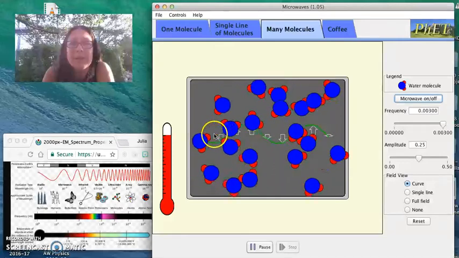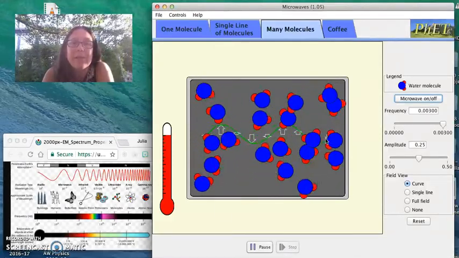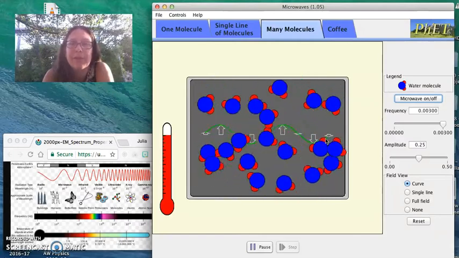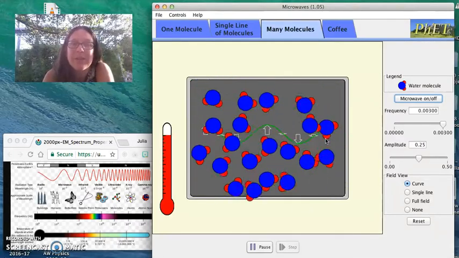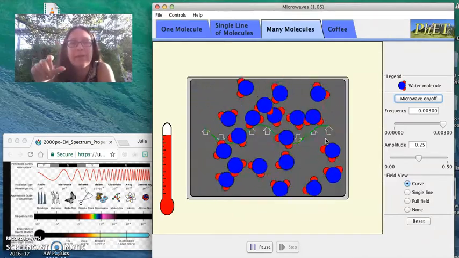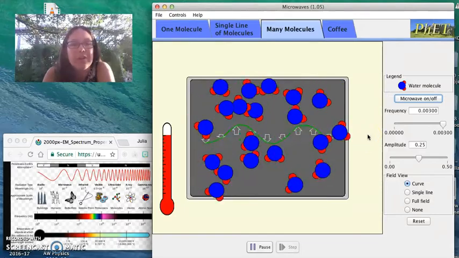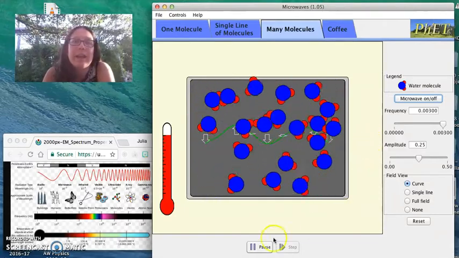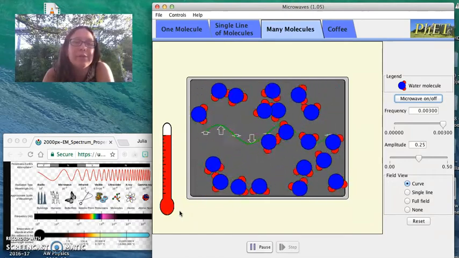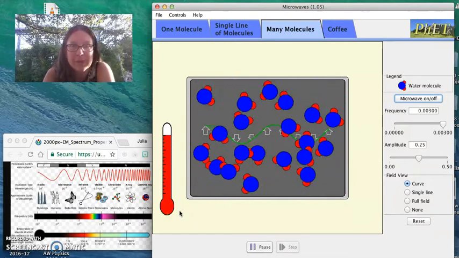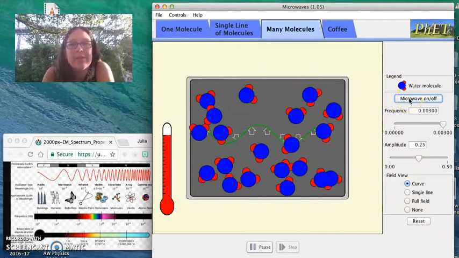But anyway, what's happening is we can see that energy is oscillating the field, and somehow the molecules that exist around that field, or the field that exists around the molecules, is transferring energy out of the field and into the molecules themselves, causing them to rotate around and translate and move, and they tend to bump into each other and therefore transfer energy into each other. And as you might have noticed, this thermometer is showing us that the motion of these molecules means that the water molecules are really hot. So we just heated up our water. If you wanted to make tea, you did it.